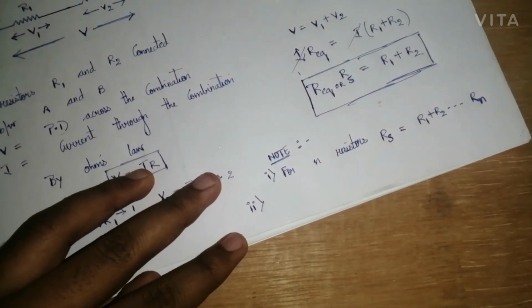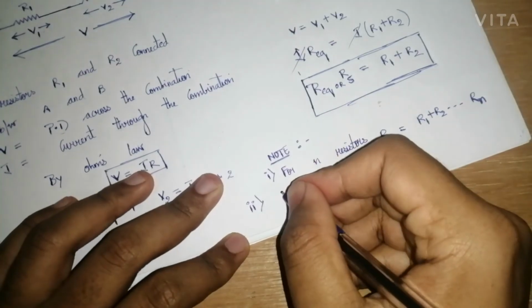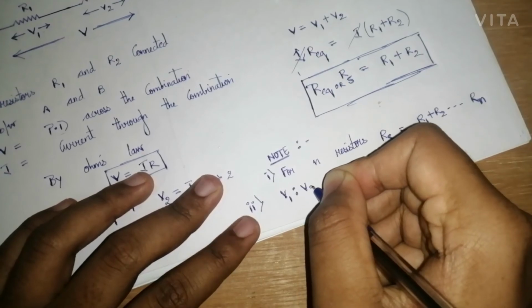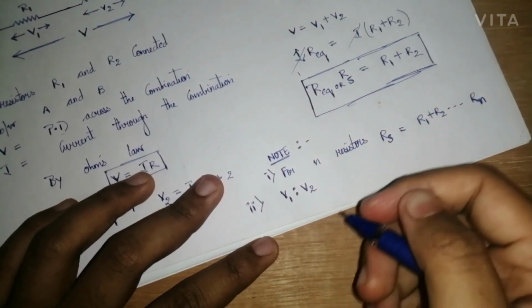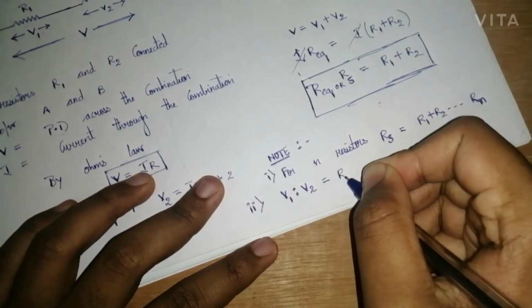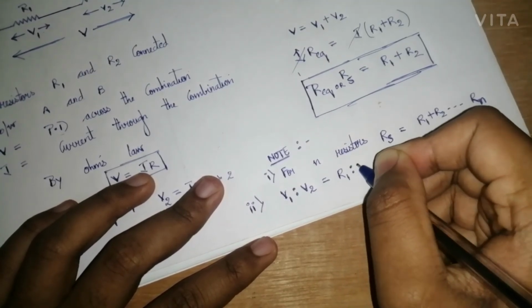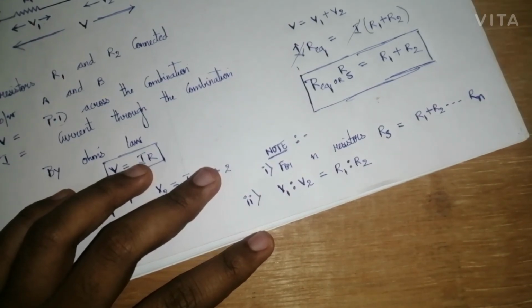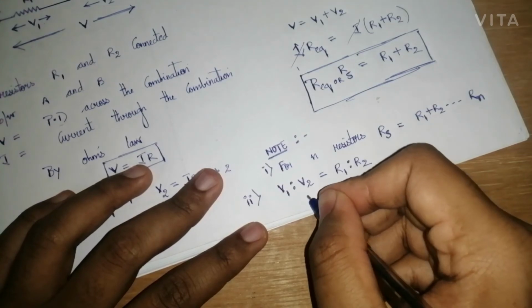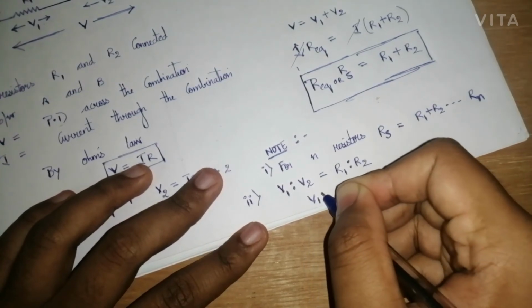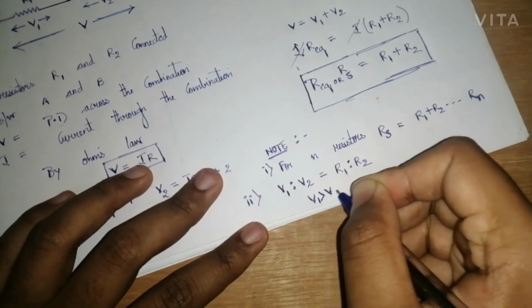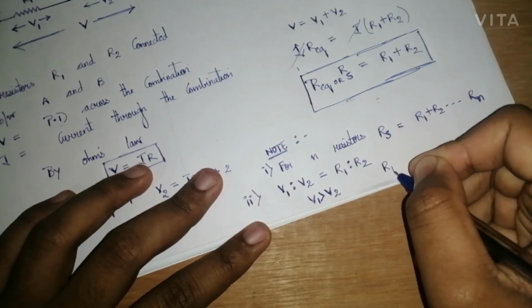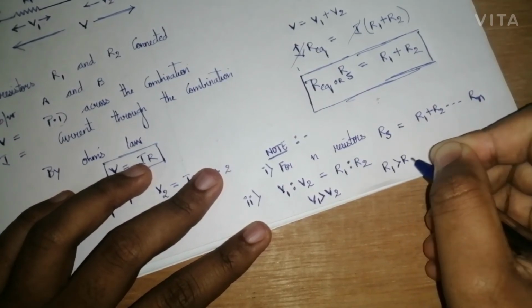If R1 and R2 are in series, then V1 is to V2, that is potential 1 is to potential 2, is equal to R1 is to R2, the ratio of the two potentials equals the ratio of the two resistances. Then if R1 is greater than R2, potential V1 will always be greater than V2.